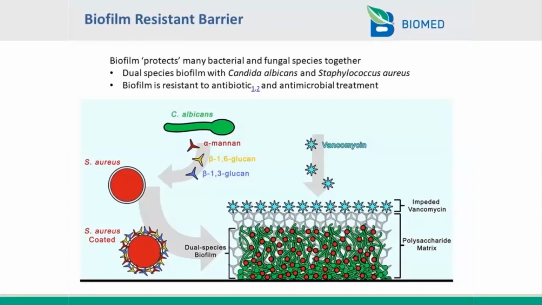That's how it's really able to resist any sort of antibiotic or antimicrobial, because this creates that ideal defense mechanism against the immune system, immune cells, and therefore antibiotic therapies are not as effective because they can't penetrate this wall. They can't penetrate this amazing barrier that is built up.